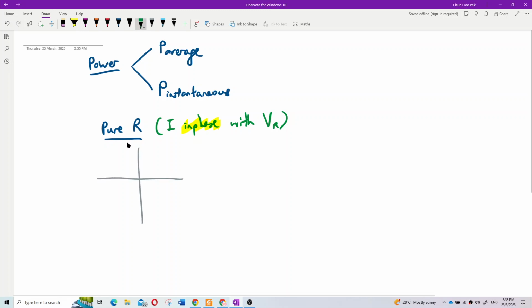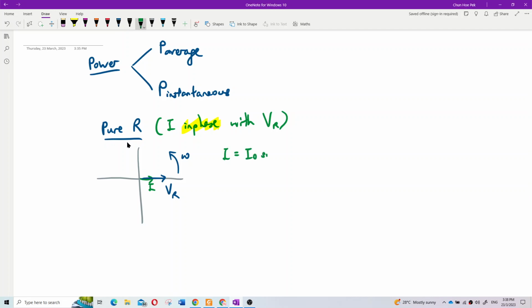This is the current, and this is the voltage R, rotation anti-clockwise. The current formula is a sine graph, correct, class? And VR is also sine, V naught R sine omega t.